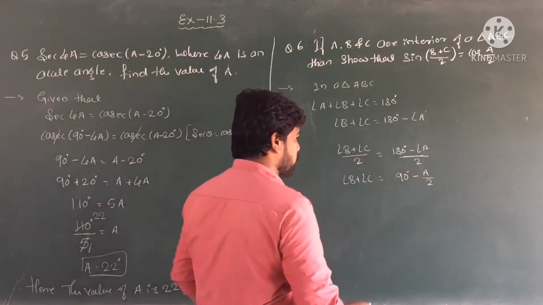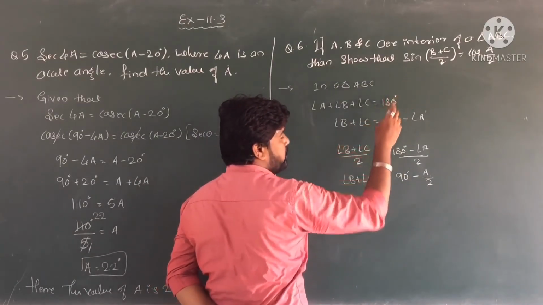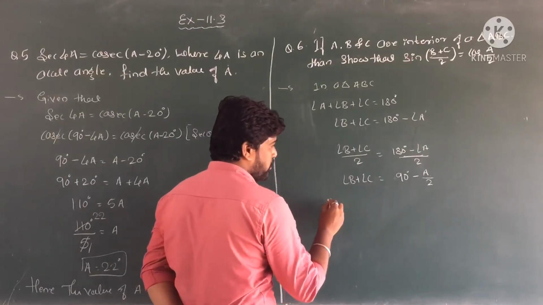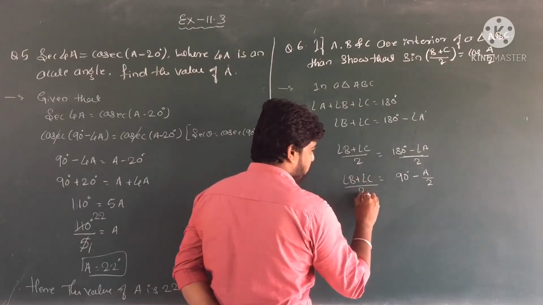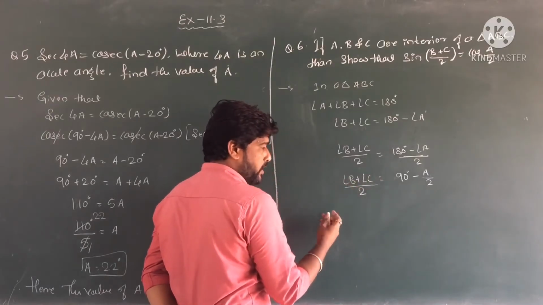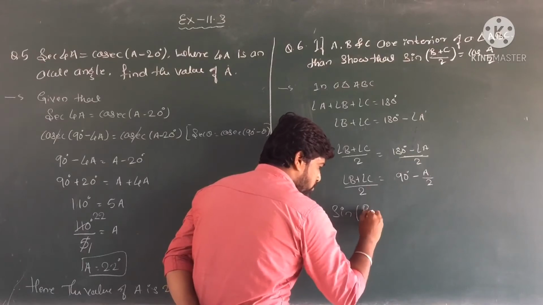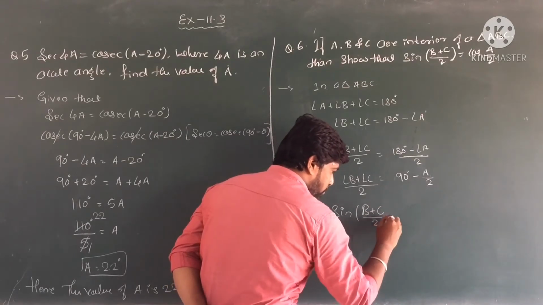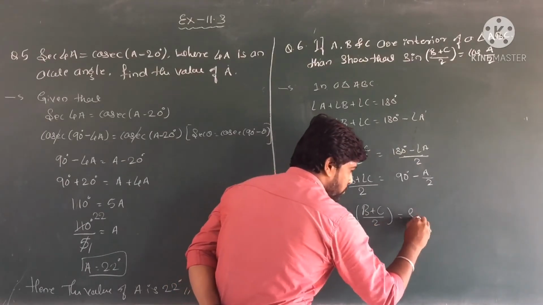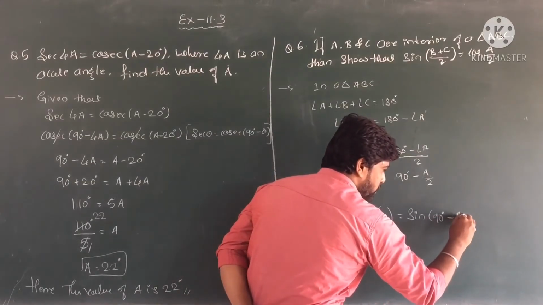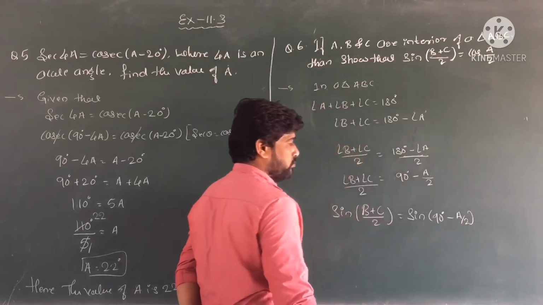Is it clear? So now we want sine here. So multiplication on both sides by sine. So here also divided by 2 as it is. So sine of (B plus C) divided by 2 is equal to sine of (90 minus A by 2).